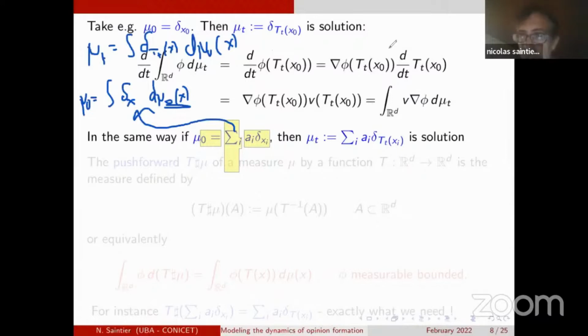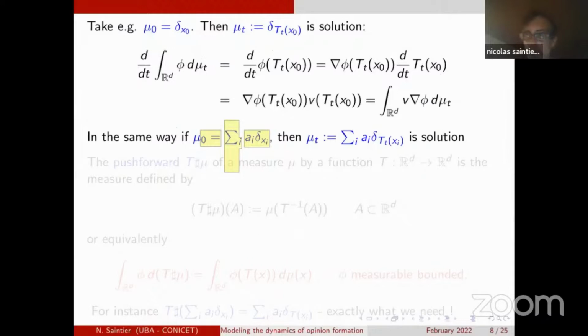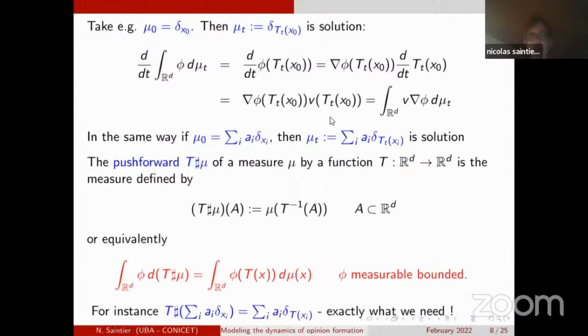Okay, so let's say, how do we proceed? So we saw that with this example of a convex combination, we just need to go along with the flow, right? So we need just a basic concept of measure theory, which is the concept of the push forward of a measure, let's say mu, by a function T. And look at the name, push forward, which means that you just send forward your measure mu by this function T, which is exactly intuitively what we are doing, right?